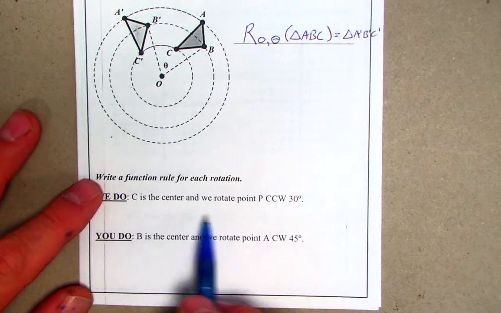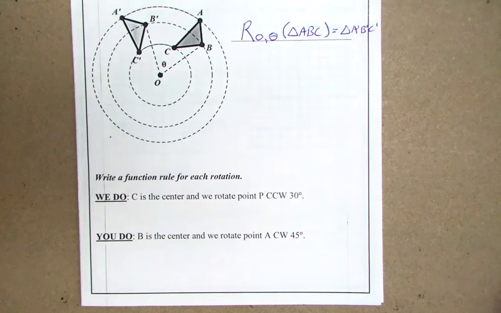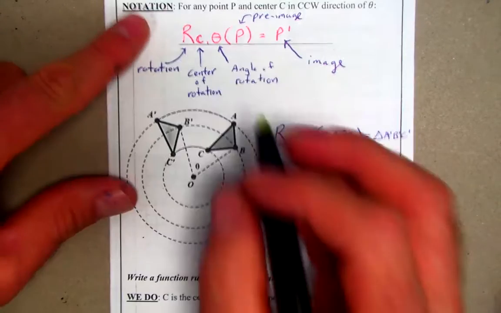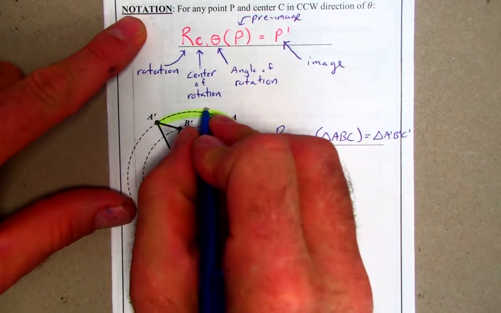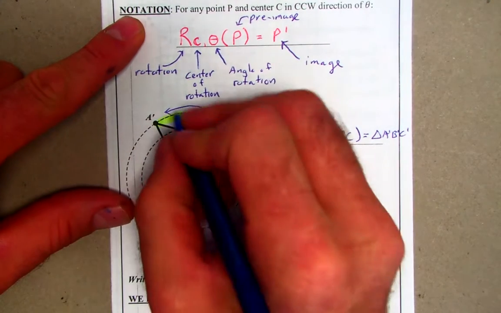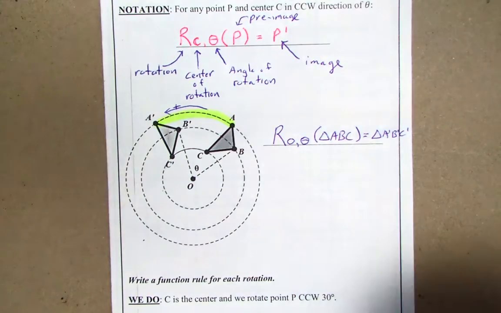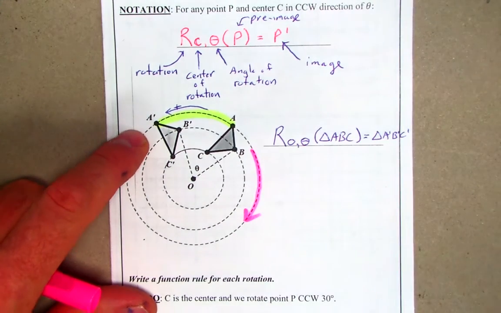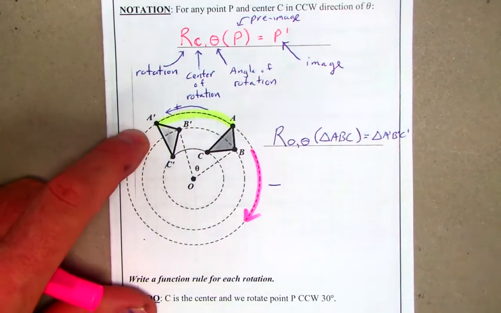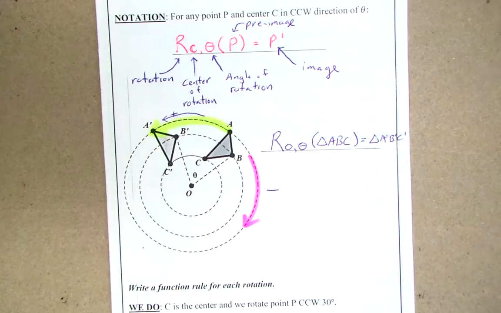So C is the center. We're rotating P counterclockwise 30 degrees. So one thing to make sure you know is that this direction is positive, while, let's say, this direction is negative. Maybe I should put an arrow on this. Okay. So we have positive and negative directions.